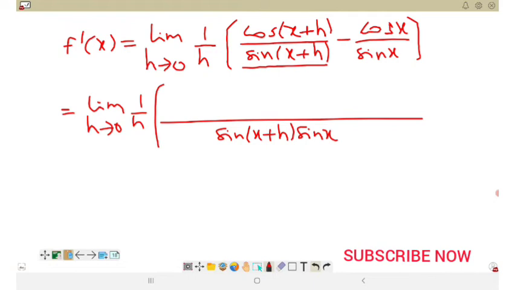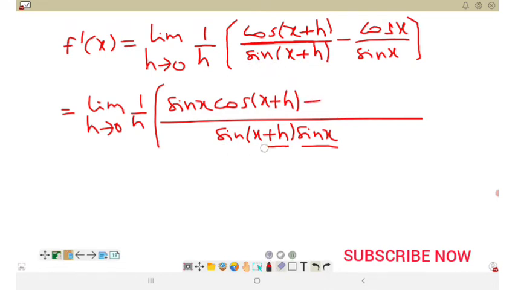Now write sin x into cos of x plus h, minus cos x into sin of x plus h.